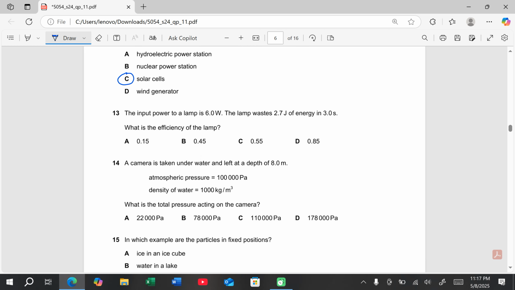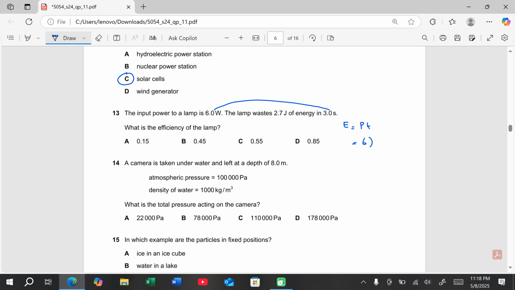The input power of a lamp is 6 watts. The lamp wastes 2.7 joules of energy in 3 seconds. What is the efficiency? Since in 3 seconds we need to find out the input energy, that is going to be E equals P times t.